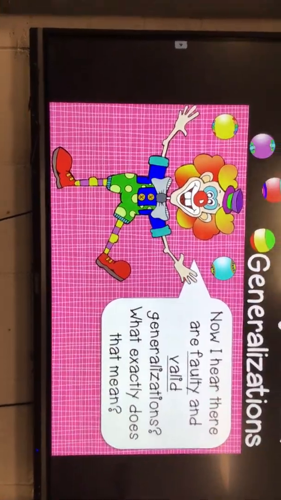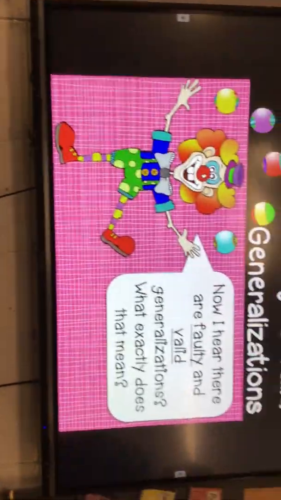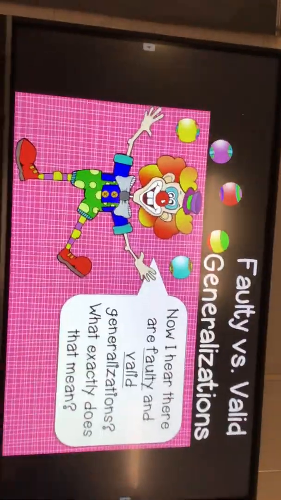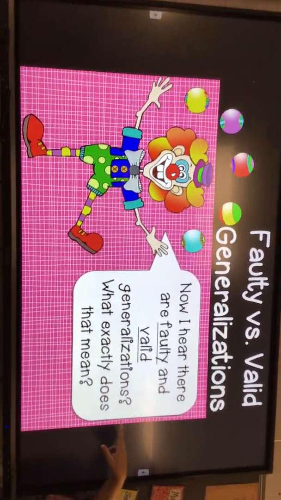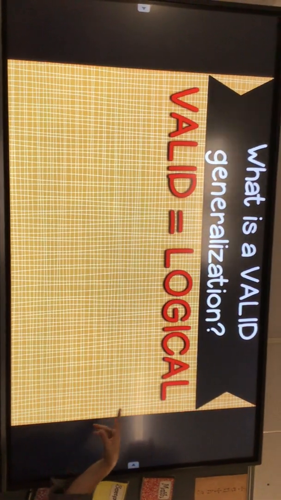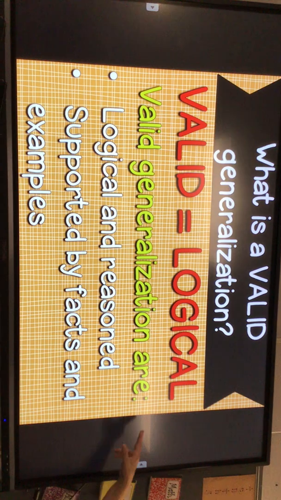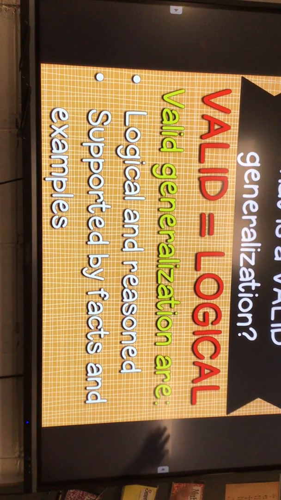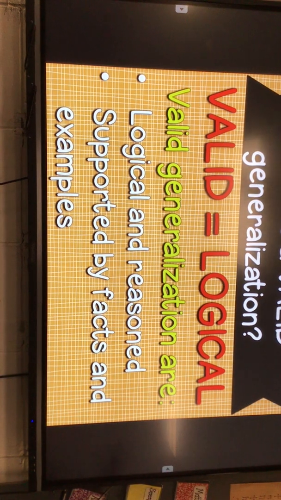Valid, if somebody has a valid concern about something, a valid credit card, that would mean that it's good. So a valid concern about something is a good concern. So faulty would not be accurate, but valid would be. So valid equals logical. Valid generalizations are logical and reasoned, supported by facts and examples.